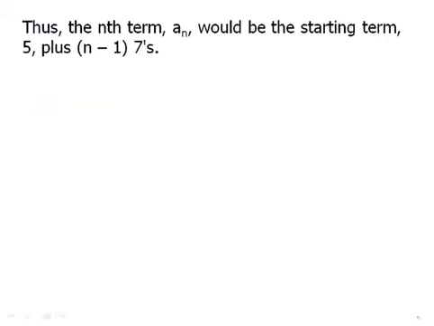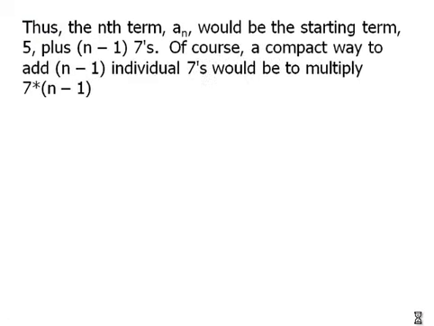Thus, the nth term, a sub n, would be the starting term plus n minus 1 individual 7s. Of course, a compact way to add n minus 1 individual 7s would simply be to multiply 7 times n minus 1. So that means that the nth term of this sequence would be 5 plus 7 times n minus 1.